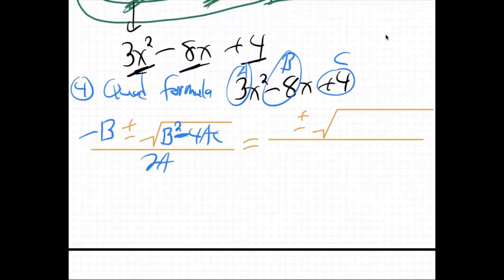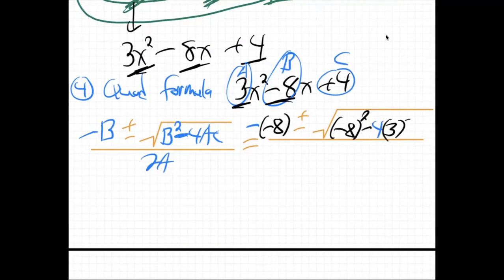All right, so negative B. B is negative 8. Negative B plus minus square root of B squared minus 4 times A, what's A? 3, times C, which is 4, all over 2A, what's A again? 3.